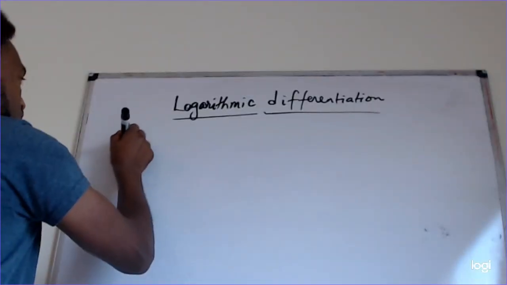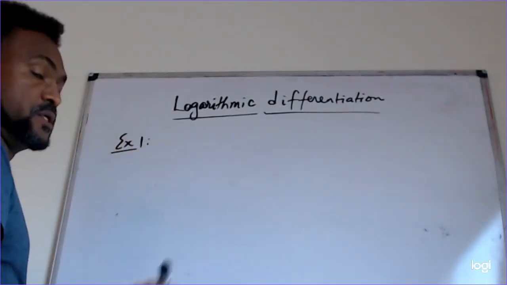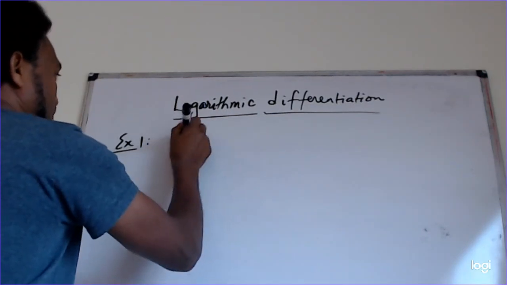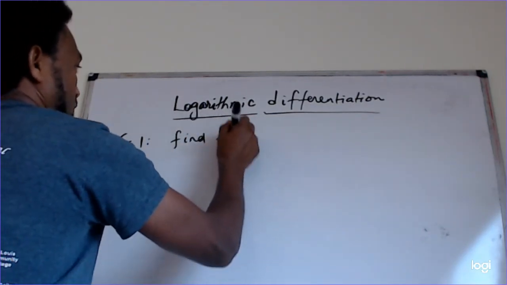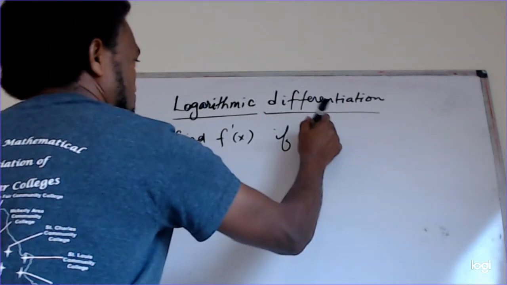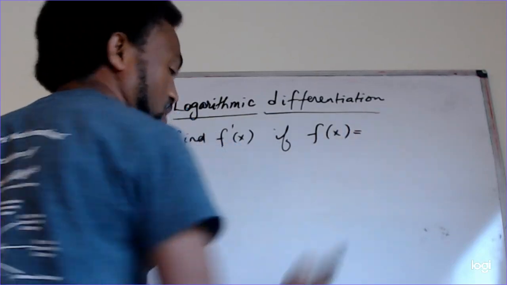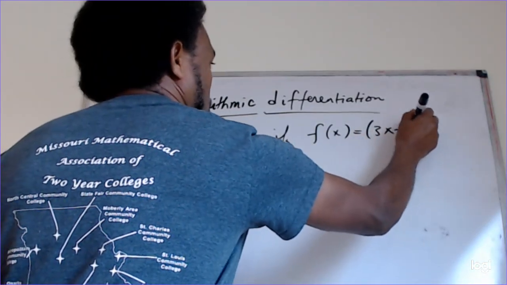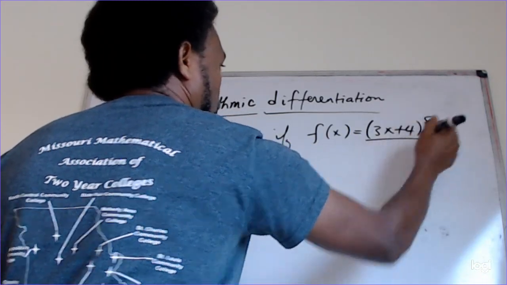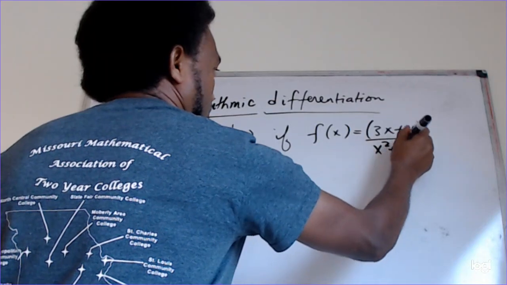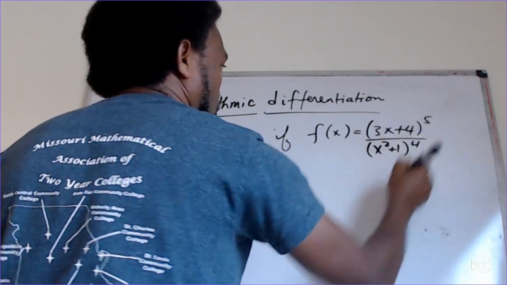So the first example, example one: find f prime of x if f of x equals, let's say, (3x plus 4) to the power of 5 over (x squared plus 1) to the power of 4.